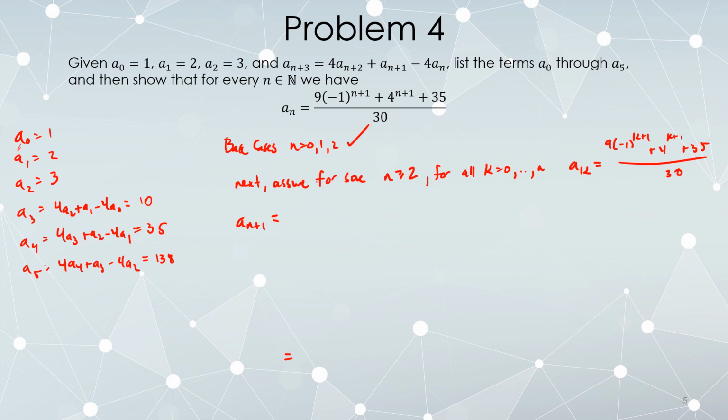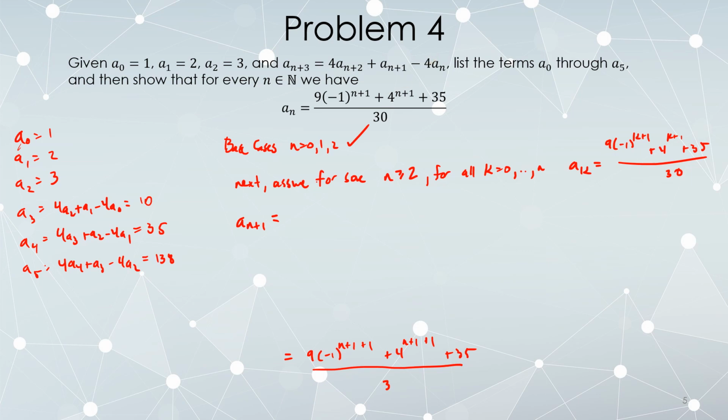So this would give me a 9 times negative 1 to the n plus 1 plus 1 plus 4 to the n plus 1 plus 1 plus 35 all over 30. Okay. Now, since n is at least as large as 2, n plus 1 is at least as large as 3, so this recursive formula holds just fine.